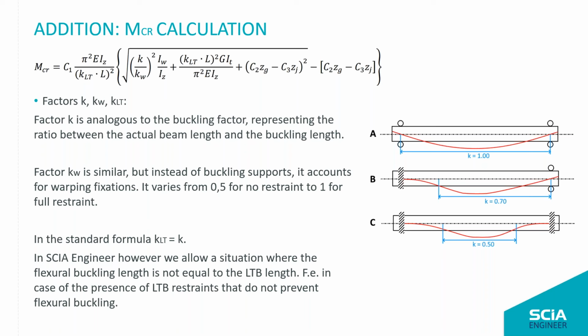For example, there can be a lateral torsional buckling restraint that will not restrain the flexural buckling. So in this case, KLT for lateral torsional buckling will not necessarily be equal to K. So our KLT is the same as K, but this time for lateral torsional buckling.